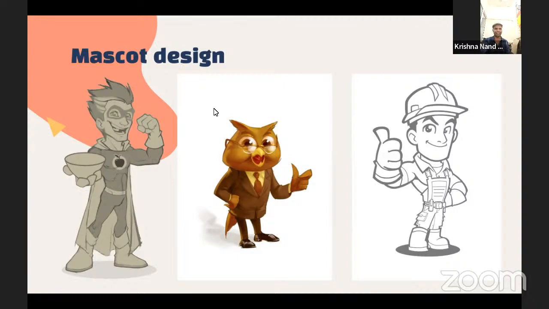Everybody is so quiet. Left one, the first one, what I'm showing you on the screen right now. This is from which category?